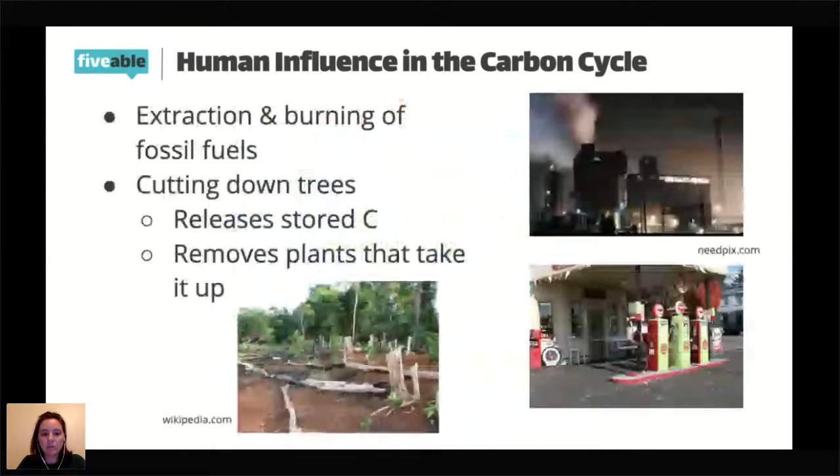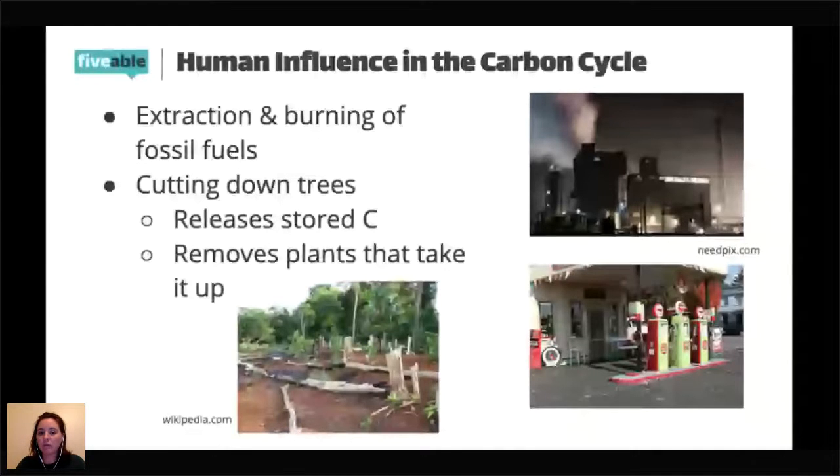And then people since the late 1800s, since the Industrial Revolution, have been impacting the carbon cycle pretty strongly, outside of just being living organisms that are participating in the food web. So we are influencing the carbon cycle pretty strongly when we extract and burn fossil fuels.